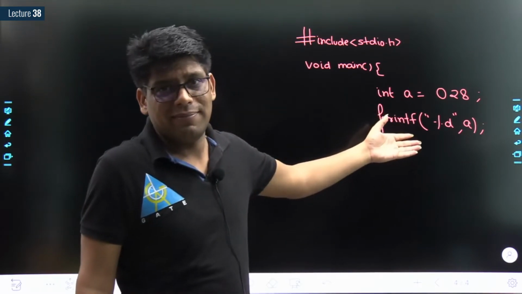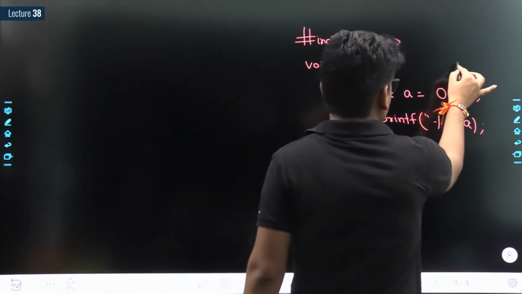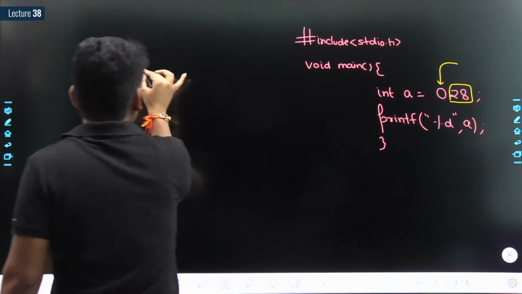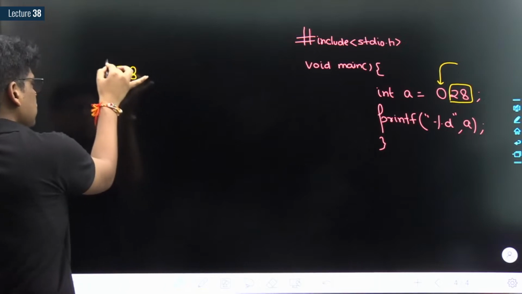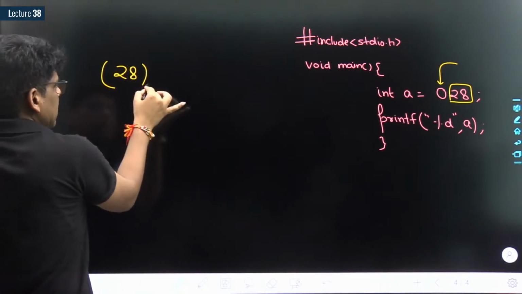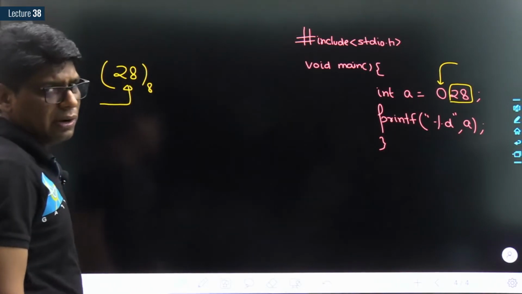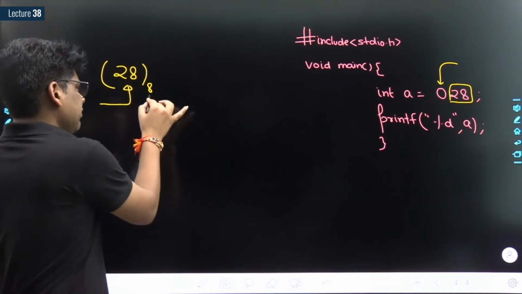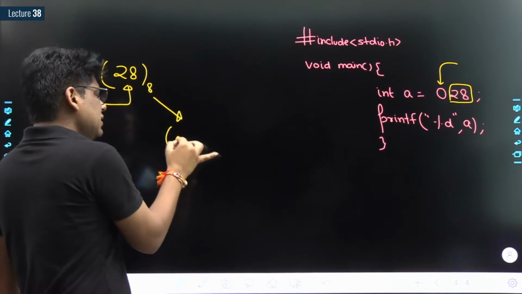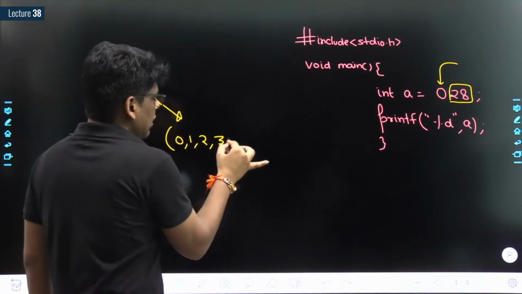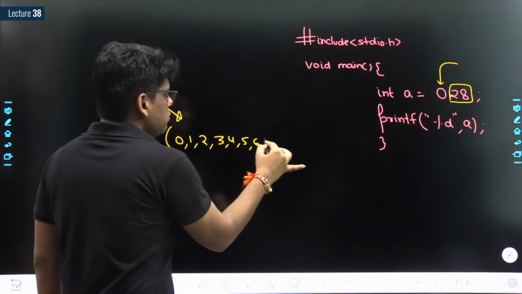What are you doing? See, by looking at the 0, the compiler understands that whatever is written is in octal. So let me know, is it possible that this number is written in octal? No, sir. Why? Because if the base is 8, only 8 symbols are possible, and they are from 0 to 7.